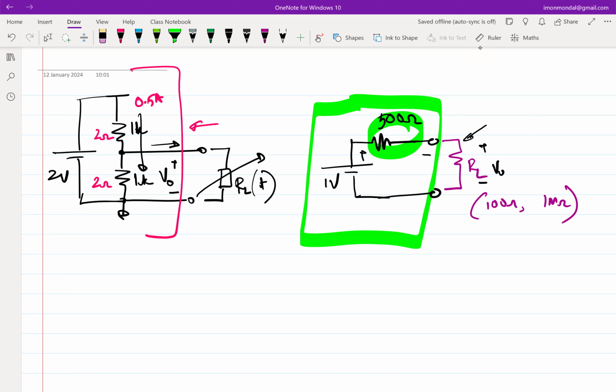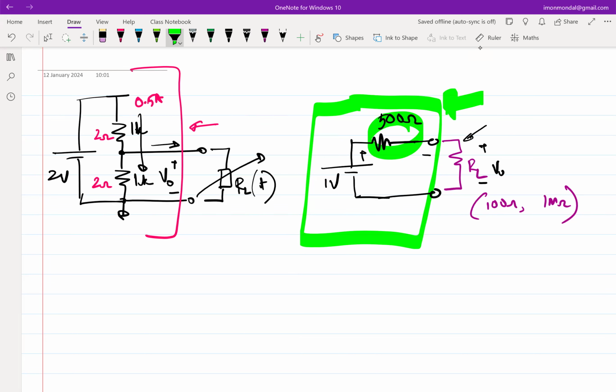So let's say I have RL of 1 mega ohm. I want to sustain 1 volt across it. How much current should RL see? 1 microamp, right? So essentially, when RL is 1 mega ohm, the stuff inside the box should provide 1 microamp.